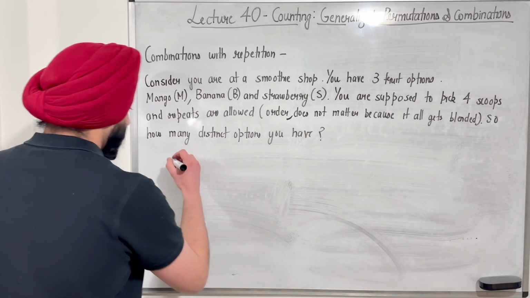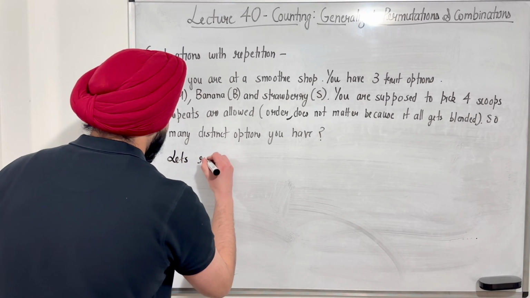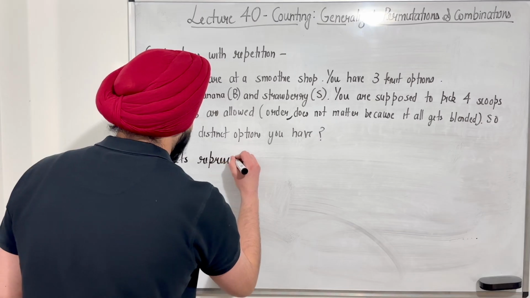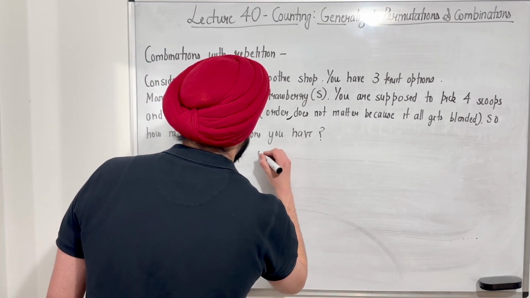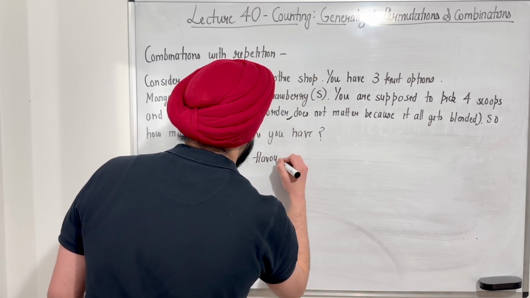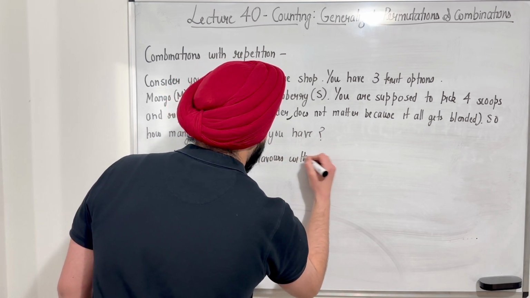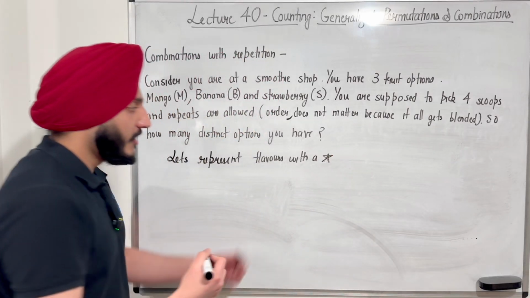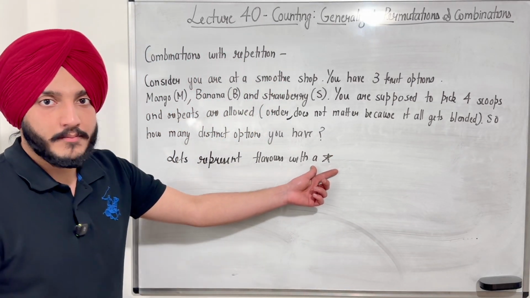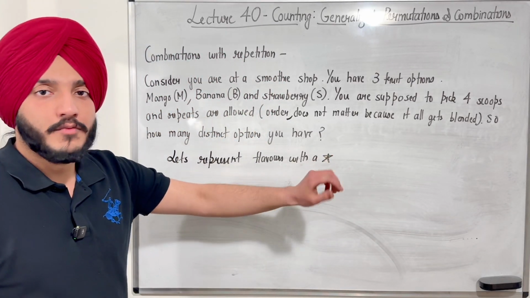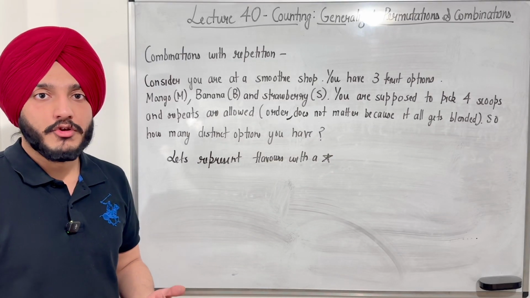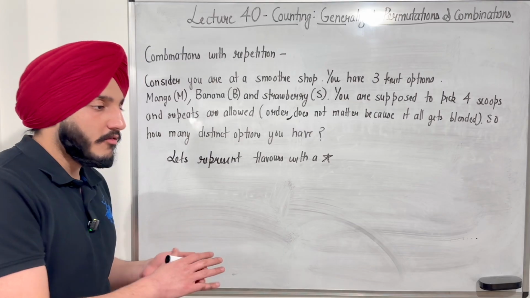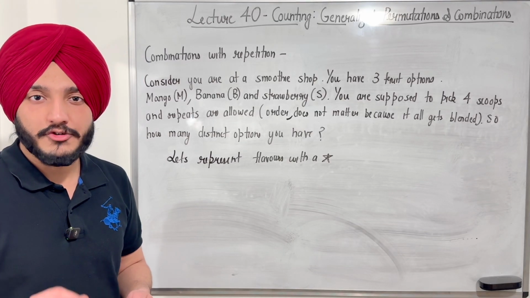So let's represent flavors with a star. I'm going to represent every flavor with just a star. My reasoning is very simple, right? We don't really care what flavor you're picking. The distinct flavor doesn't matter. We only care about the actual count of the flavor.